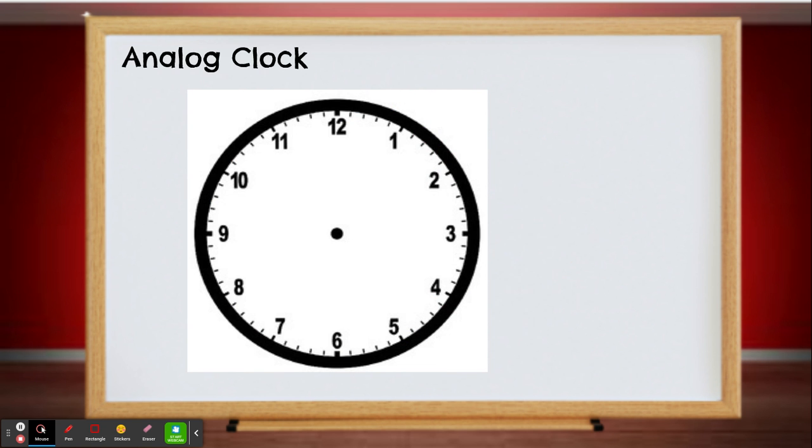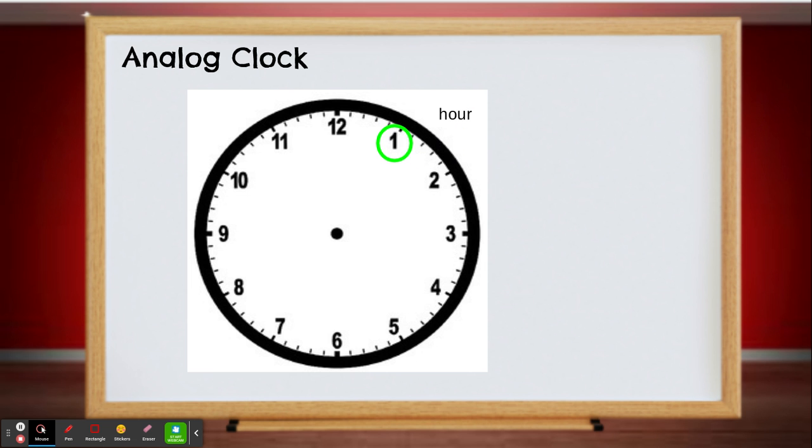Let's get started. So in an analog clock, there is a very important part. Those are the numbers. And if you notice, this 1, that circle, is going to represent the hour for us.